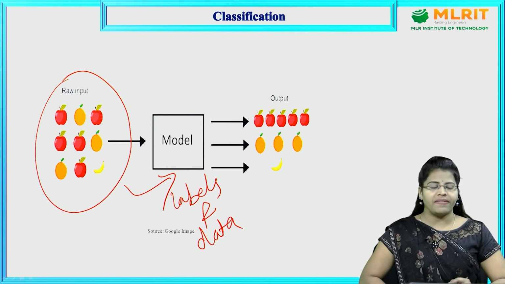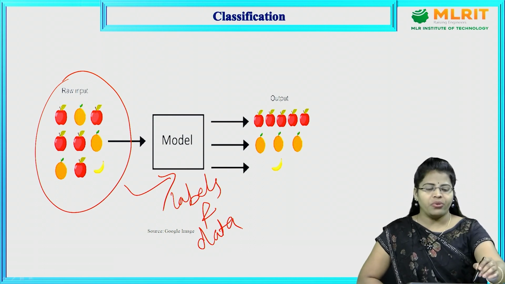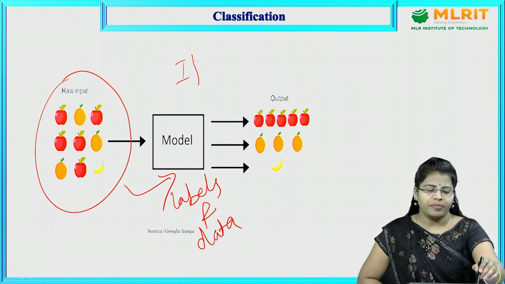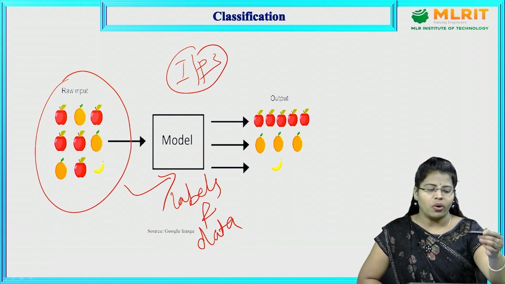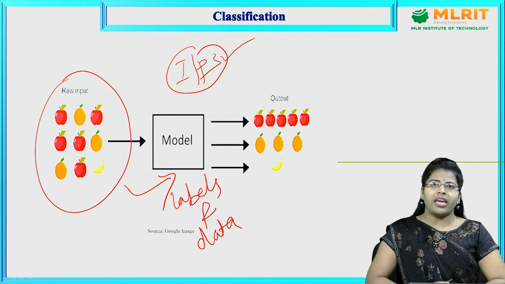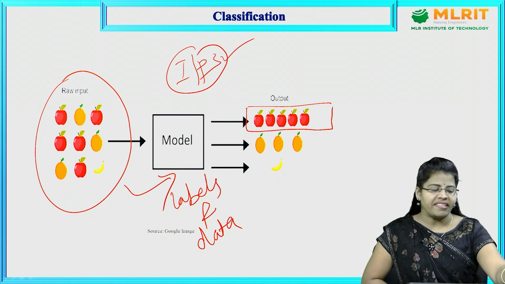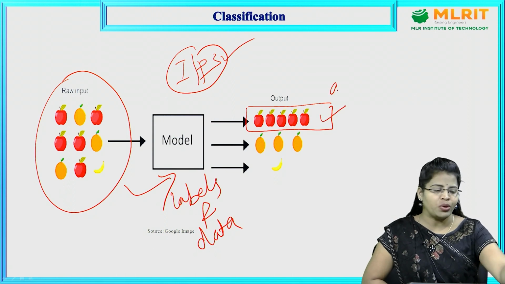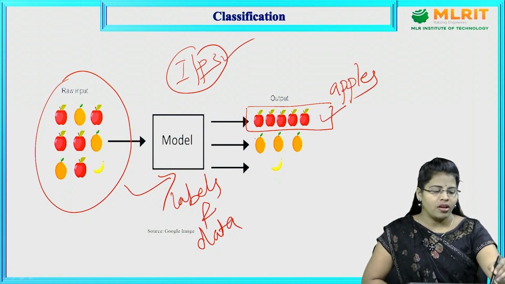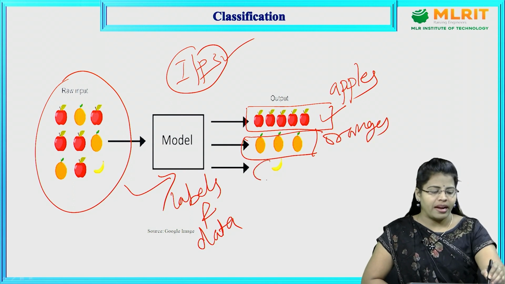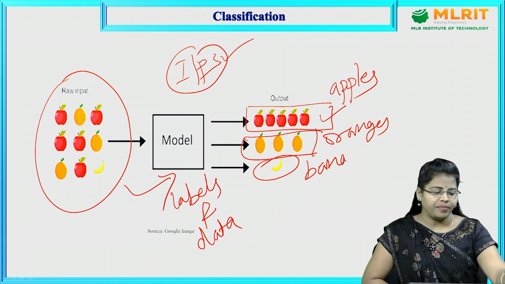So after giving training, we are going to give some new inputs to the model. Whenever we give the inputs to the model, it is going to predict the output in separate labels, like apples into one category, oranges into another category, and bananas into another category.